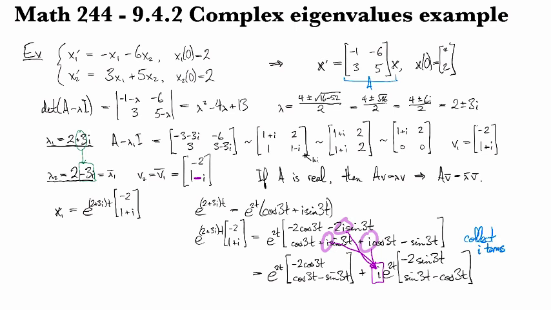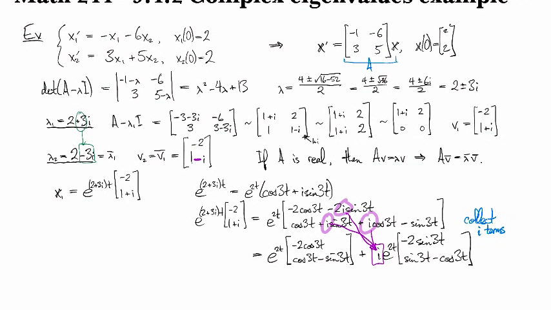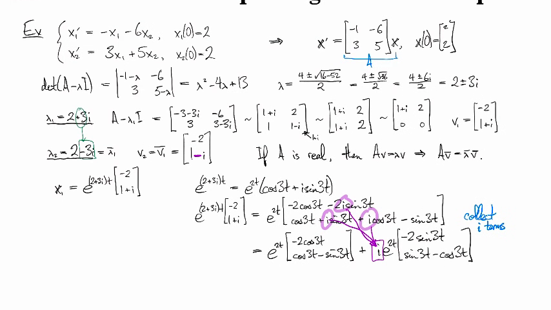And so now I have two linearly independent solutions, and so I can take this one here as my x1, and this one here as my x2. So that's great.